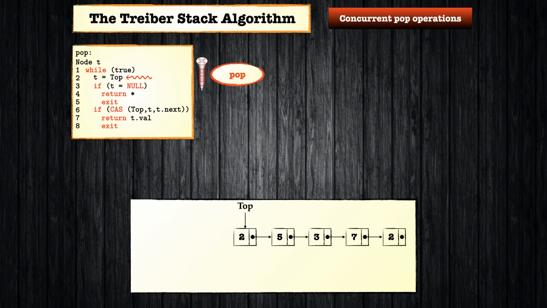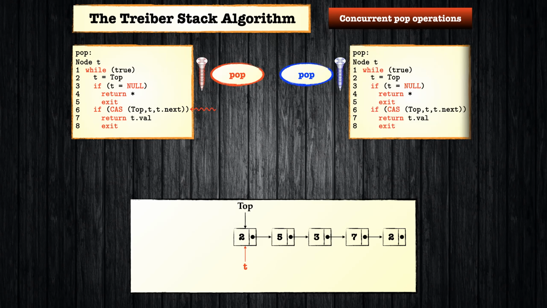So if you have two concurrent pop operations, what will happen is that, again, we execute our while loop. As usual, we make our local variable t point to the topmost element for the red thread. And then we try to execute the class instruction. Now the blue thread will try to do a pop operation, and it will do the same thing.